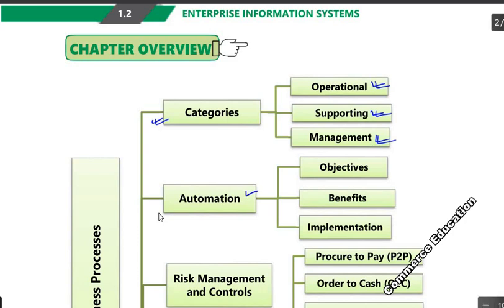There is business process automation. We shall study the objective of business process automation, the benefits of business process automation, and how to implement, how to automate the business process.